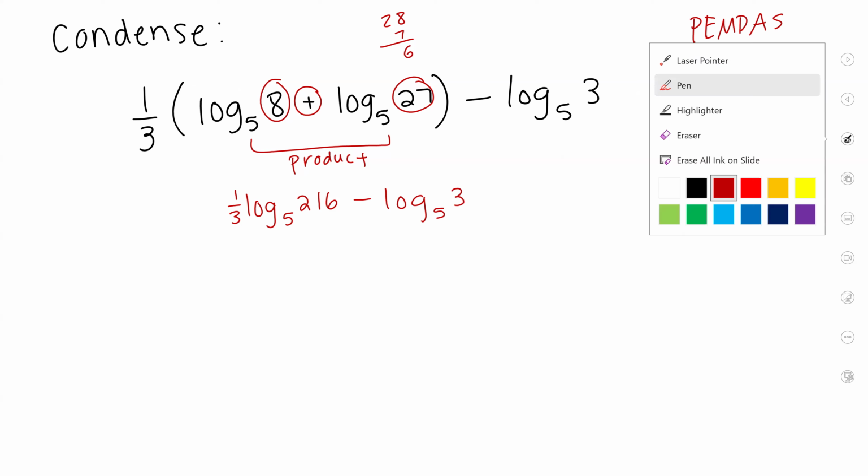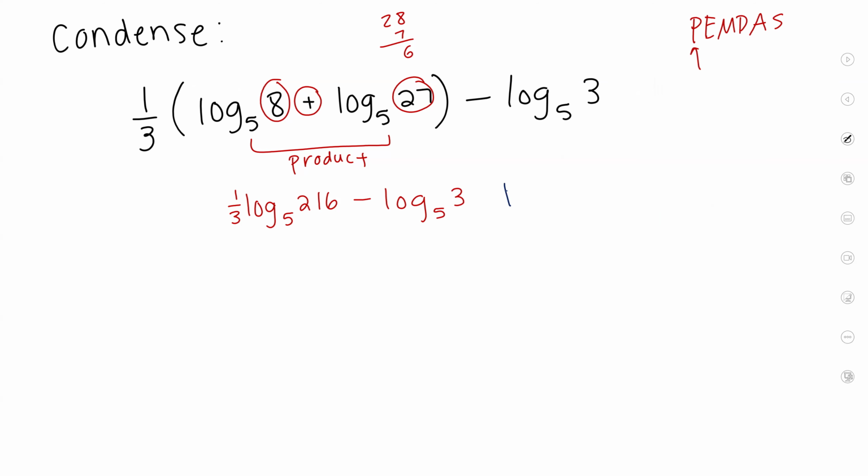Okay, next I'm going to apply the power property. The power property says this coefficient can come up here. So this will be log base 5 of 216 to the power of 1/3. This part stayed the same.